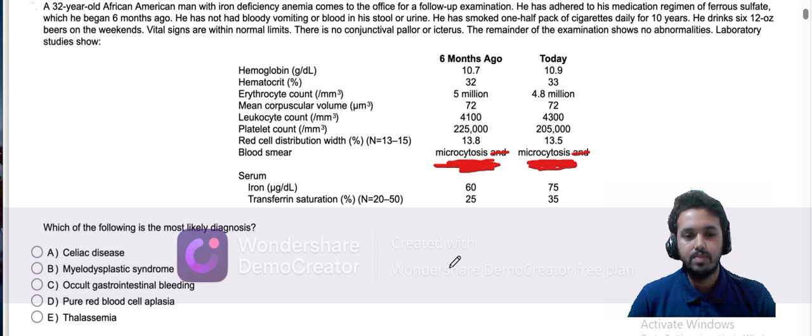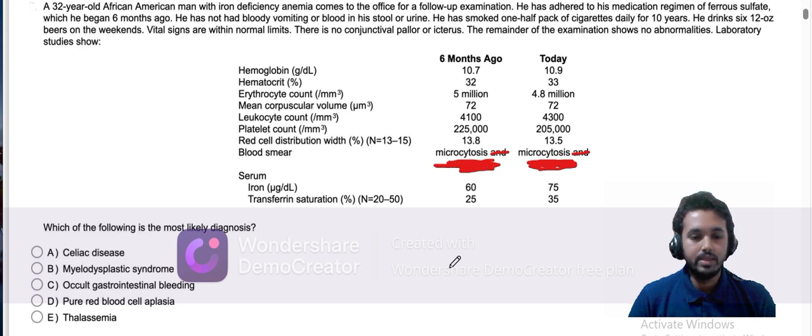But this patient has been taking iron for 6 months. If the patient had celiac disease, the condition should not improve and he would have other symptoms, as I said earlier, diarrhea and skin problems. But this patient has no such symptoms, so we can say that this patient has no celiac disease.